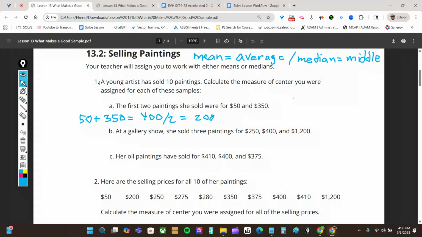Okay, so to find the median, when you put these in order, 50 and 350, there is no middle number. Okay, so basically you have to add these together and divide by 2, which is basically in this case the same as the average, which is going to equal 200. So they're both 200. All right.